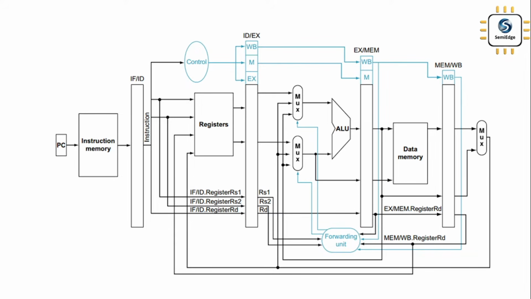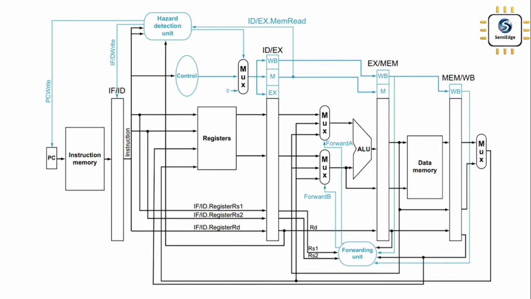It helps by sending the data directly from one stage to another instead of waiting to write and read again. This keeps the pipeline running without delays. Now we will update our processor with pipeline registers, forwarding logic, and hazard detection unit. These make our processor smarter and ready to deal with most hazards during execution.